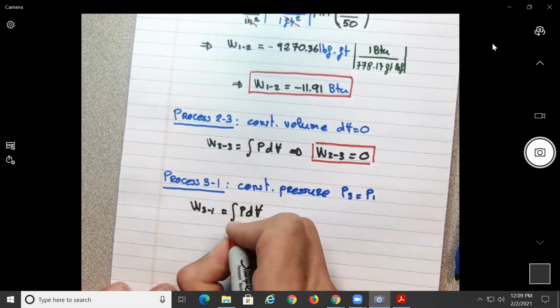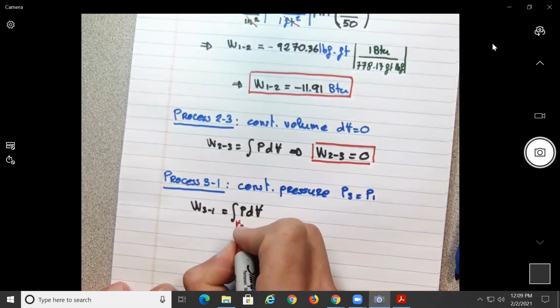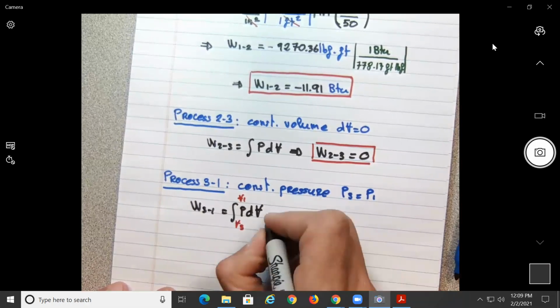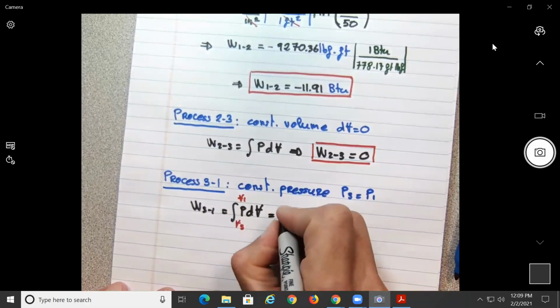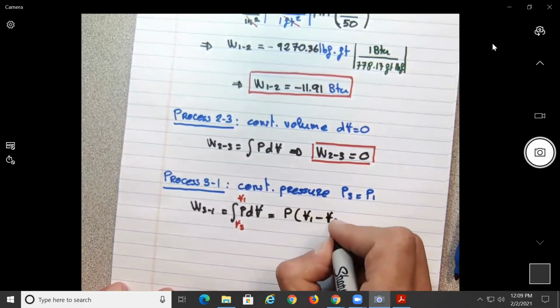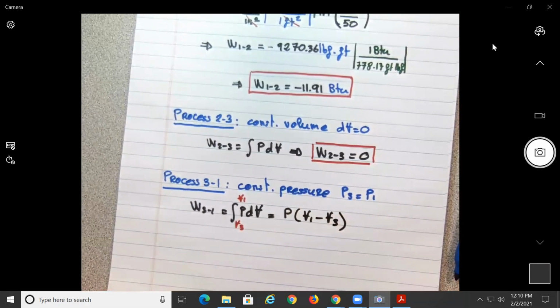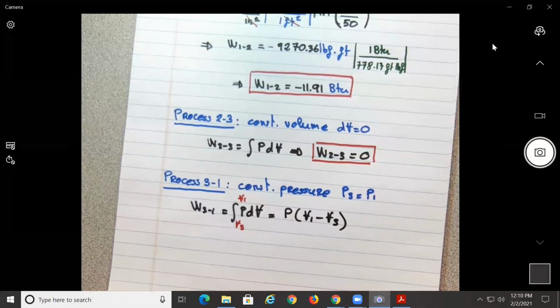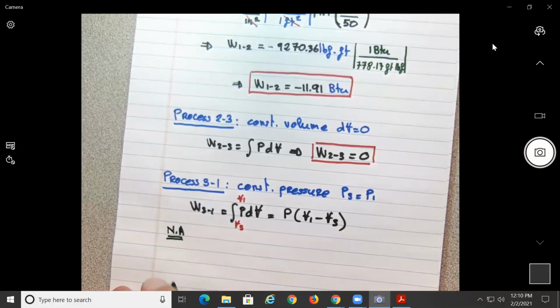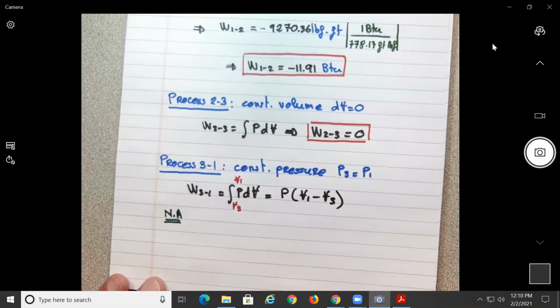But be careful because this is not between 1 and 3, it's between 3 and 1. So this is going to give us P of V1 minus V3. So again, we're going to have to be careful with the numerical application. So you see I just write n sub A here for numerical application.